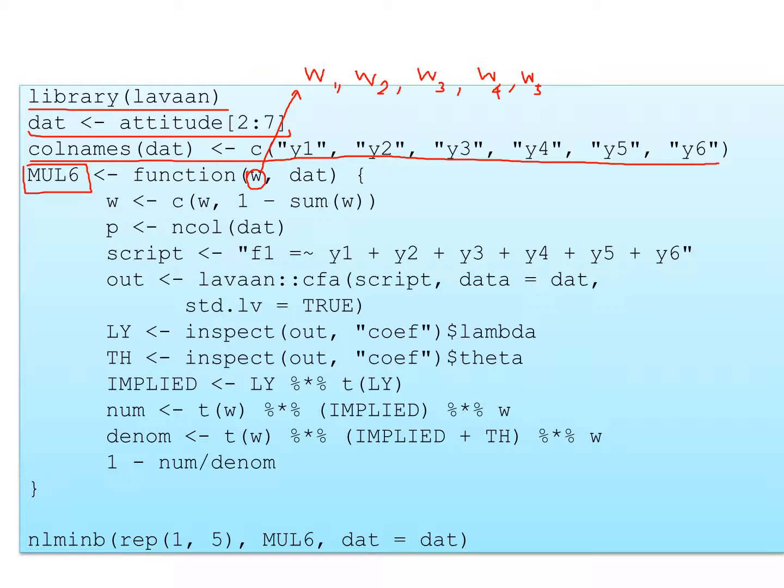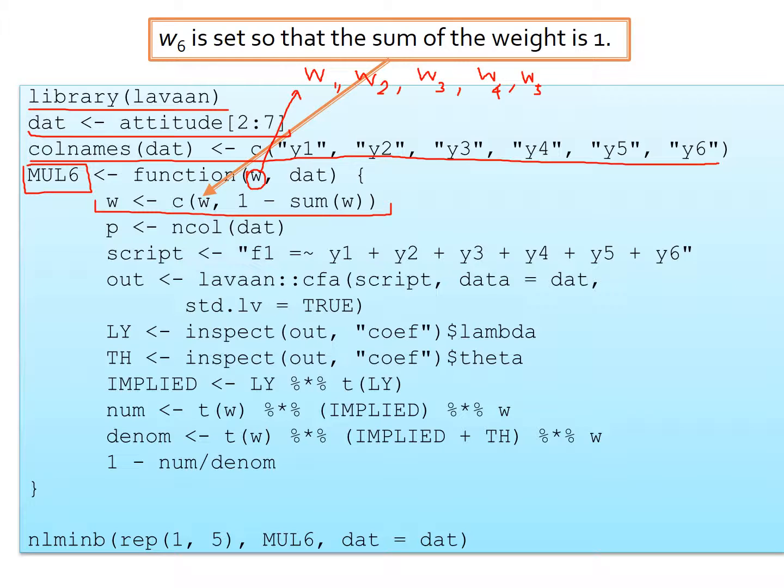I do not provide all 6 weights because if you see this line, I would like to set weight 6 so that the sum of all weights, sigma w, equals 1.